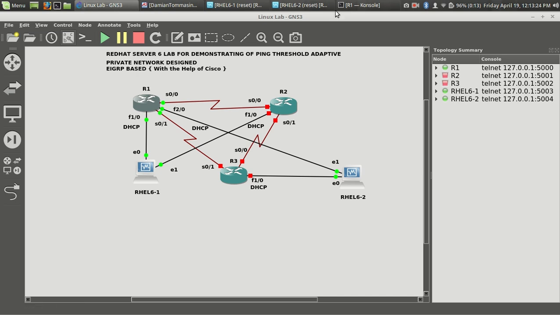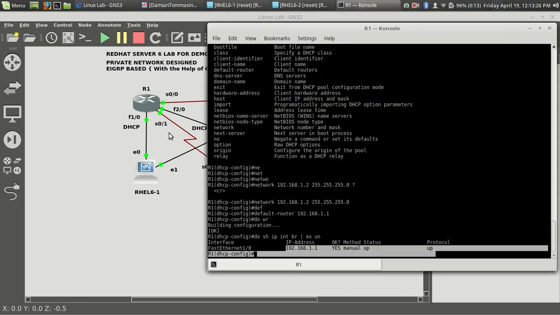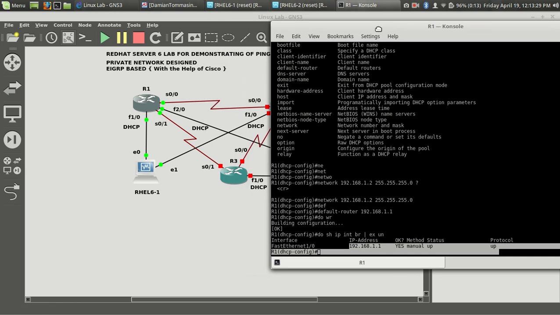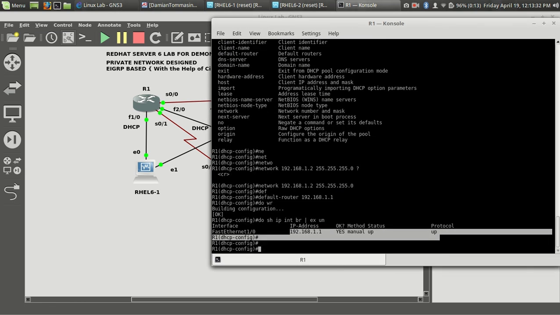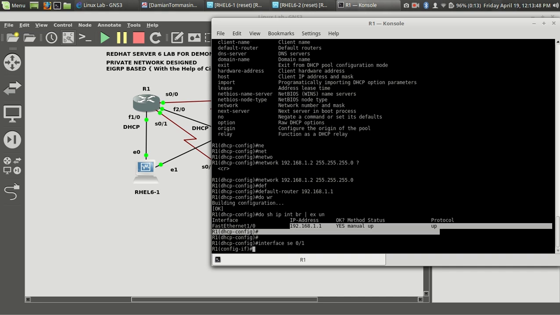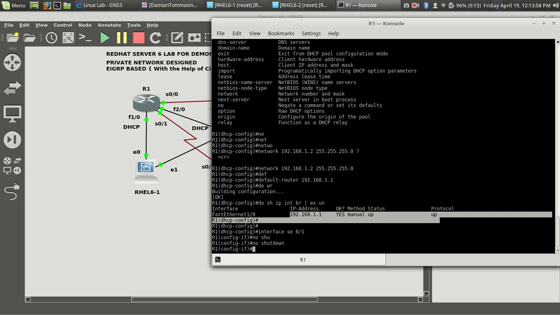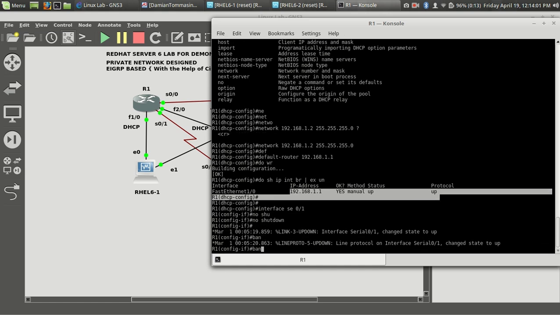Secondly I'm going to configure Serial 0/1. Before configuring Serial 0/1, you have to enter this port. By default the port is not up, but once you bring it up, you don't need the bandwidth option.